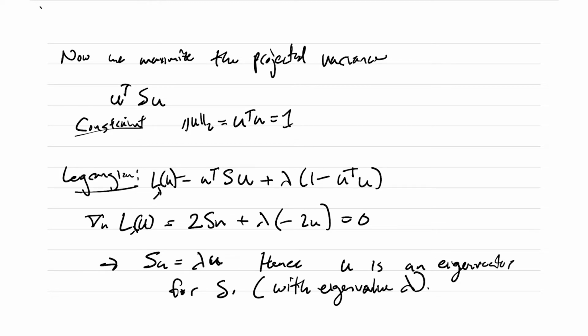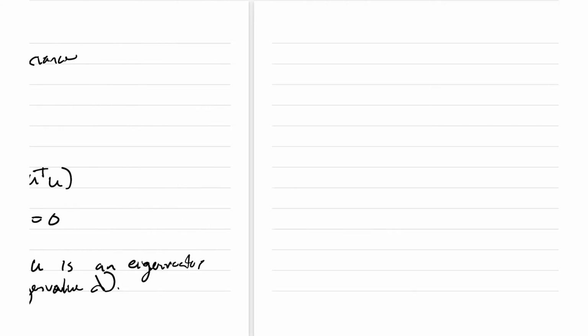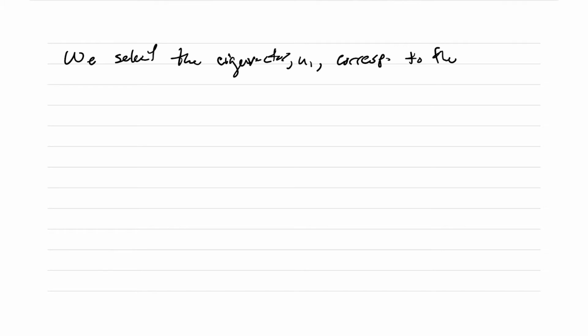Okay, so at this point, what we know is that we select the eigenvector, say u1, corresponding to the largest eigenvalue of S, and that eigenvalue we'll call lambda 1.